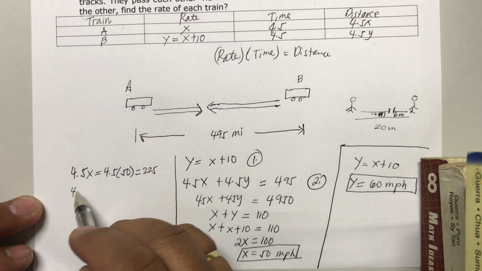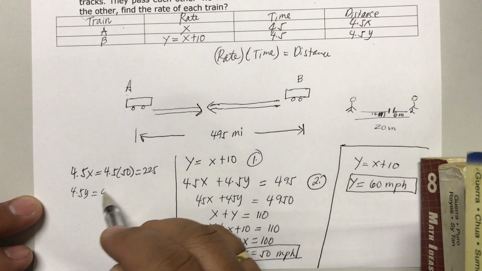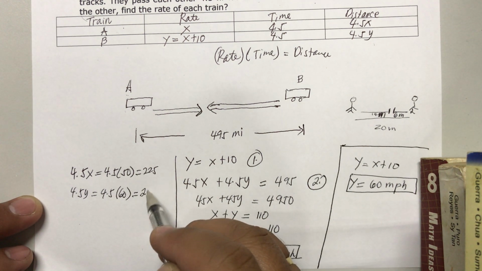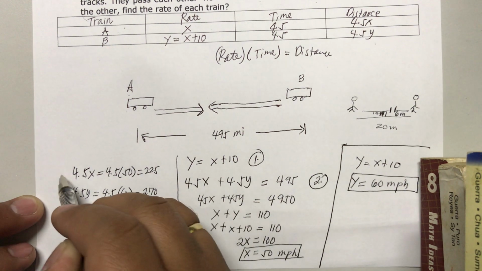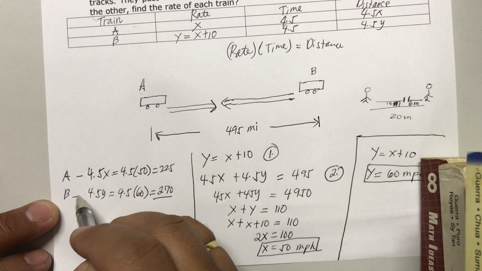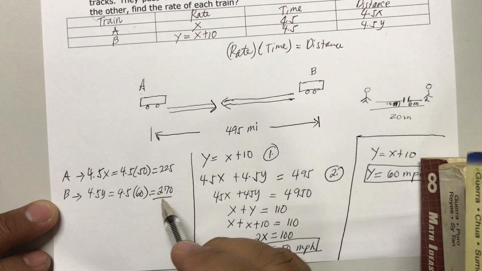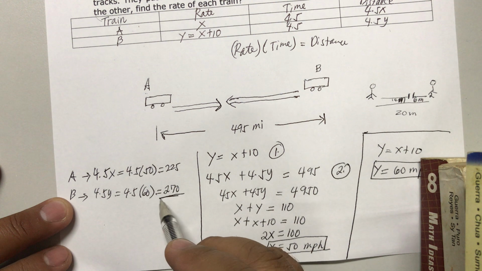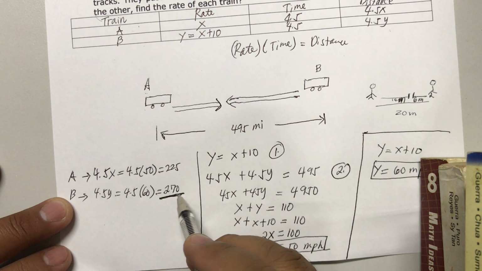While 4.5y, which is 4.5 times 60, will be 270. And this is for train A and train B respectively. Again, the distance covered by train A is 225 while that of train B is 270.